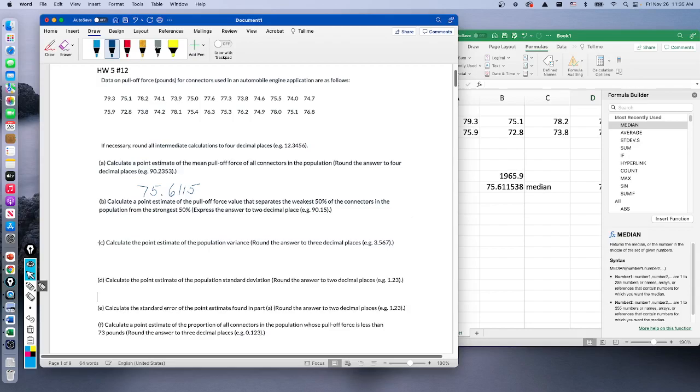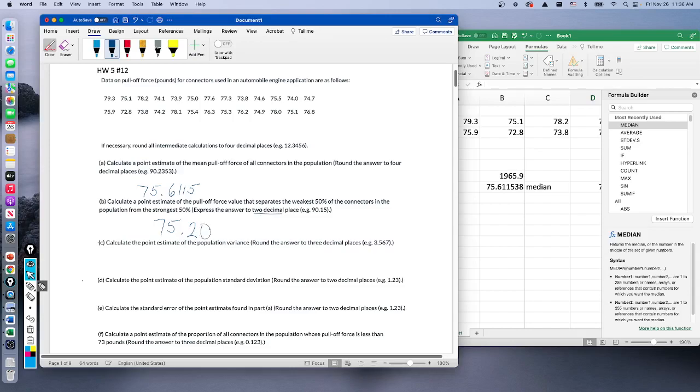It's 2 decimal places, I guess we'll go with that.